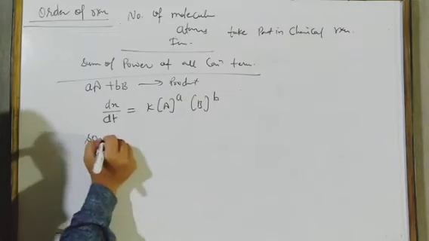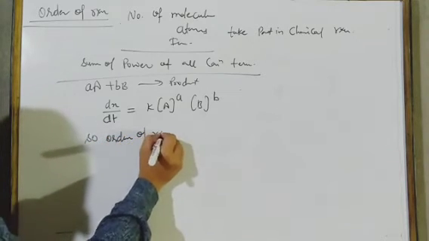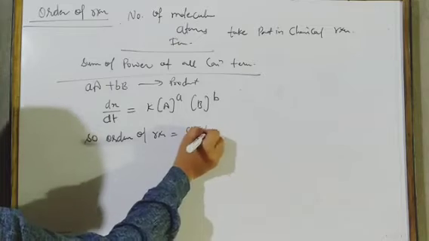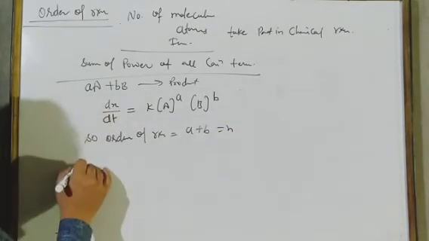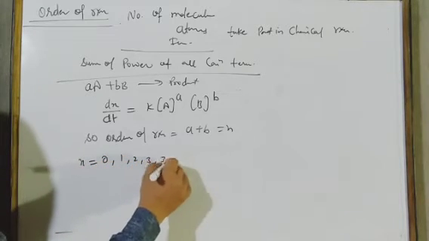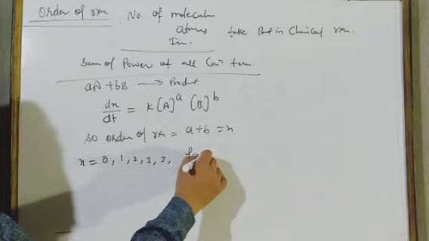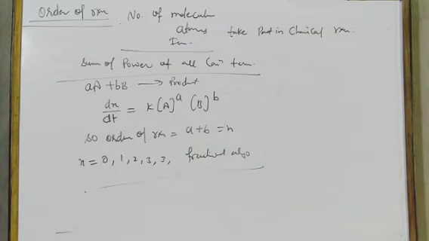So order of reaction will be a plus b, which is equal to n, and n may be 0, 1, 2, 3, fractional also. Okay, so here I will give you some examples of zero order, first order and second order reaction.